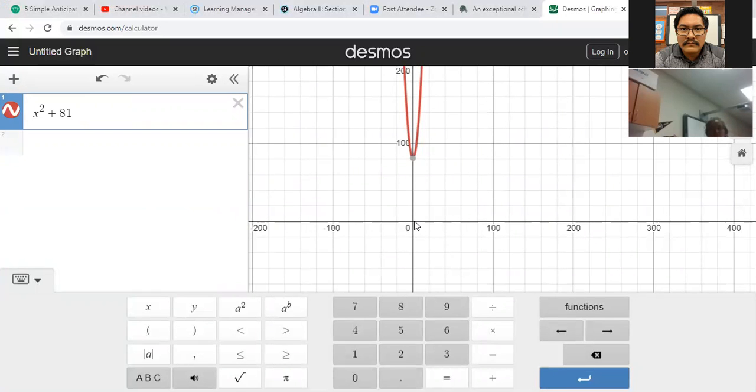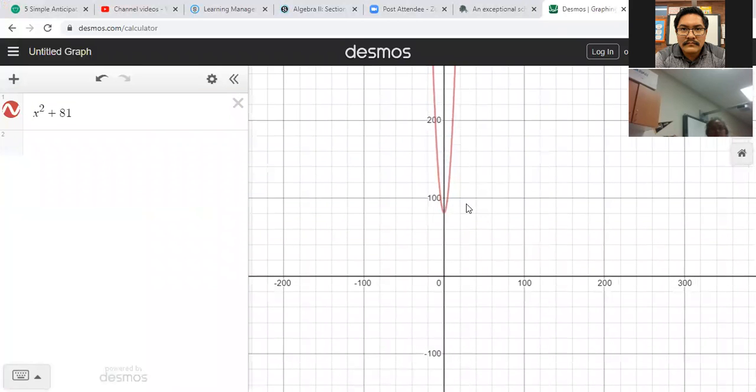Okay, now we have a parabola, but you notice that it is not intercepting with the x-axis. Remember, that's the solution. The solution is where it crosses the x-axis, the x-intercept. That is our solution, but there's no solution in this case.